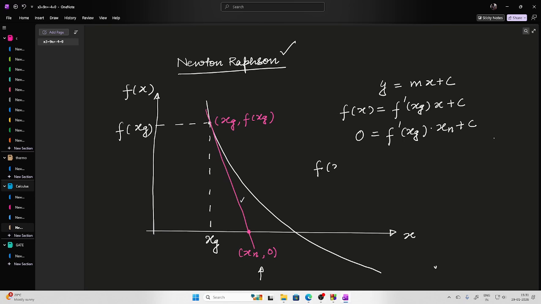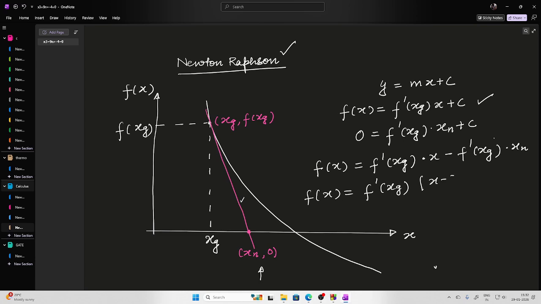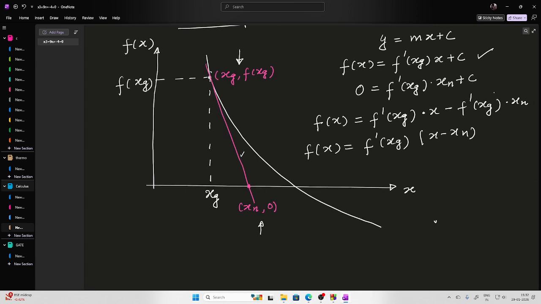So once you replace this value of c in the equation, or if you solve it further, it will become this one. Now, this point we have already considered. Now consider this point, that is this one. So when x becomes xg, what is the value of the function? It is f(xg).